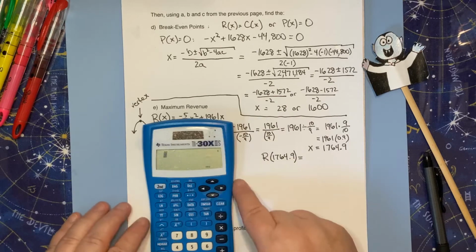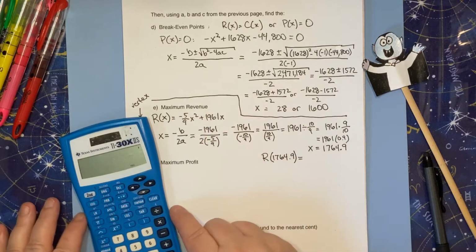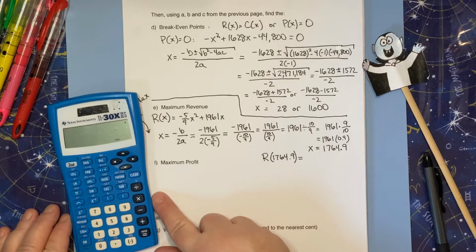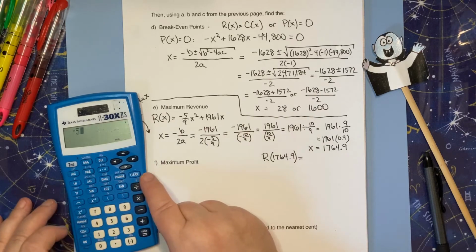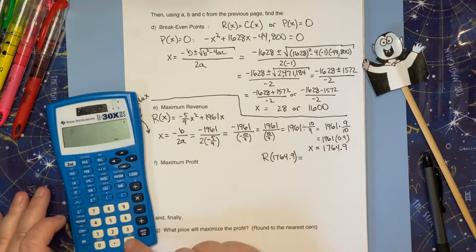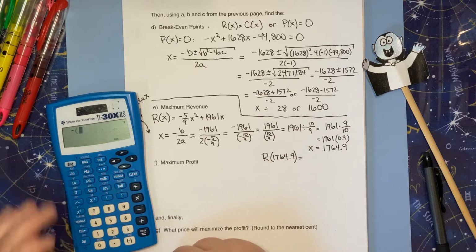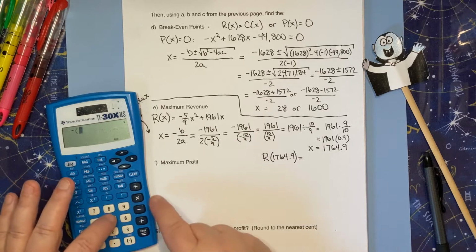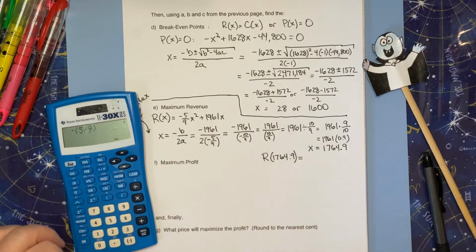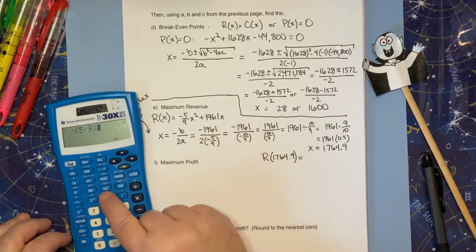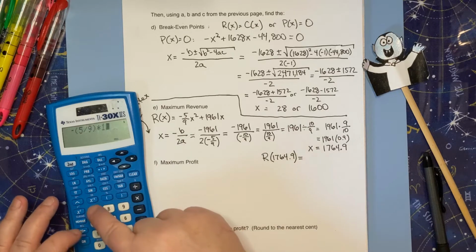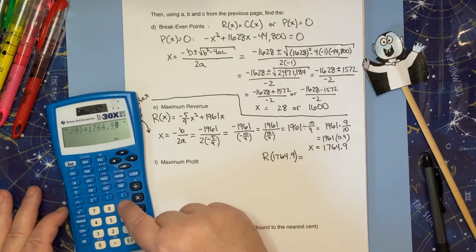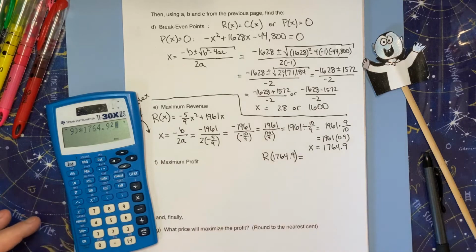So I have to plug this back into there. Okay, you ready? I'm going to do the opposite of, and open a parenthesis, and do 5 divided by 9. That gives me my fraction, so I don't run into problems with the order of operations. Then times 1764.9, the quantity squared. Do you see me doing that?